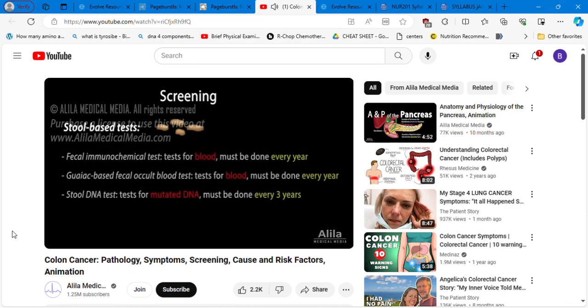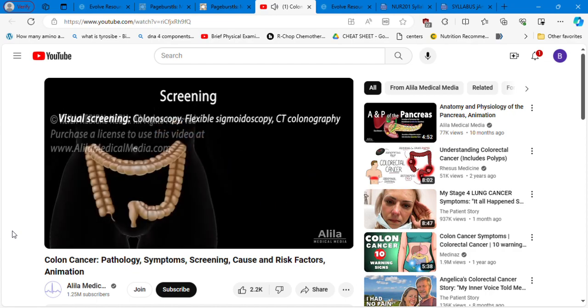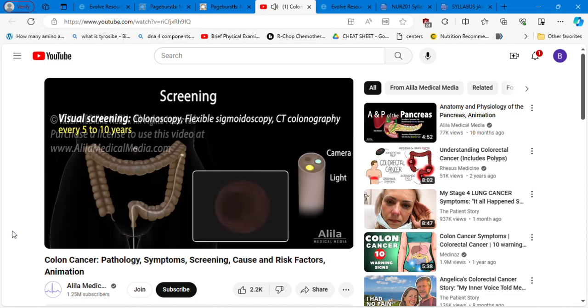There are two major types of screening tests. Stool-based tests. Stool samples are examined for signs of cancer, such as blood and mutated DNA. These tests are non-invasive, but less effective and need to be done more often. Visual screening, such as colonoscopy, is more reliable and can be done every 5 or 10 years. Colonoscopy uses a long, flexible tube equipped with a camera and light to view the entire colon.